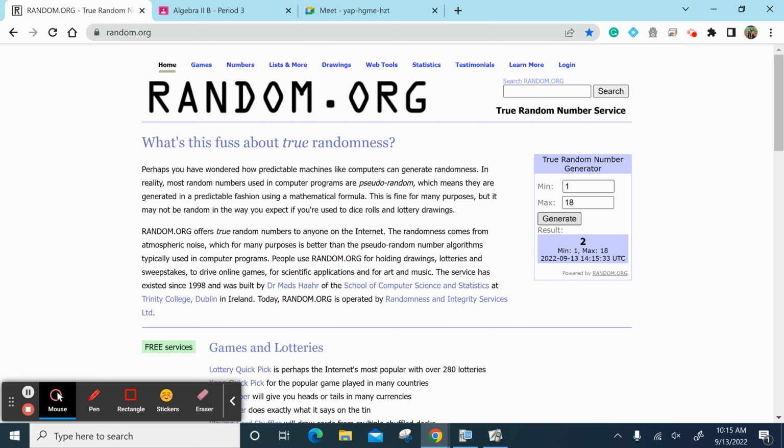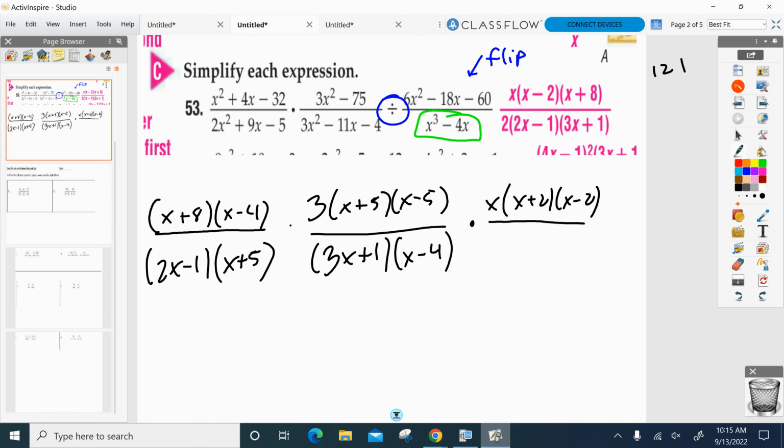You would divide out the 6. Good job. Keep it out. Right, don't just get rid of it. What's left? X squared minus 3x minus 10.